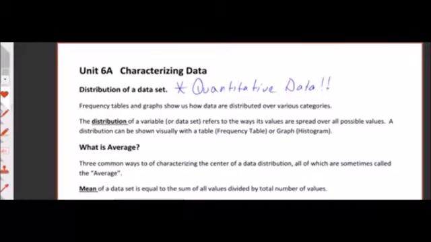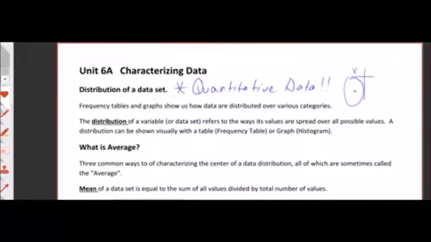And remember, with quantitative data, when we had our frequency distribution, the values here in this X column were all numerical and had a specific order to them. That's what made the data quantitative. So that's the type of data we'll be working with here in Chapter 6.